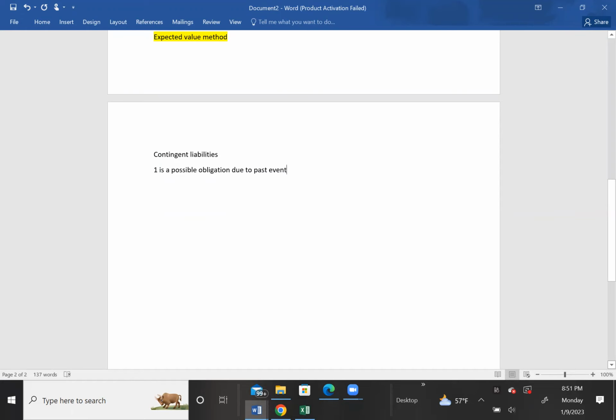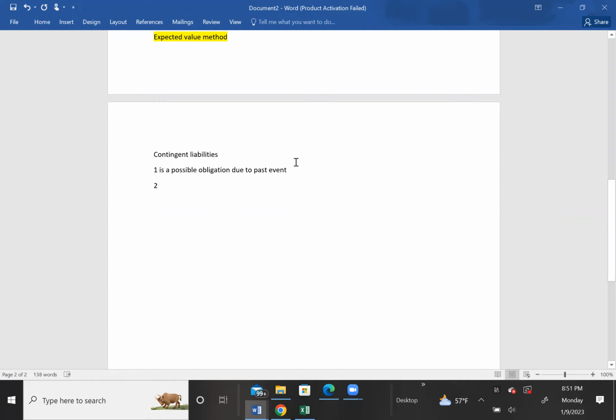For example, there is a claim on you by a customer that the company must compensate the customer, but the matter is in court, and your lawyer told you that there is a 50% chance that you may lose the case and 50% chance that you may win the case. So it is a stage of possible. It is not a present obligation, it is a possible obligation. So a contingent liability is a possible obligation, and it is due to a past event.